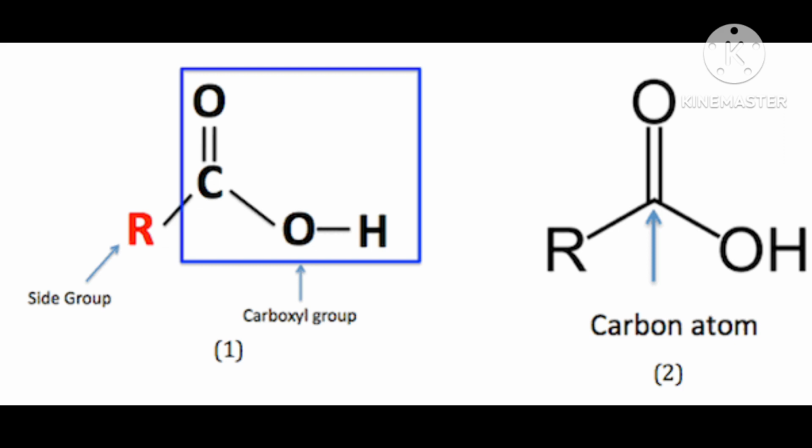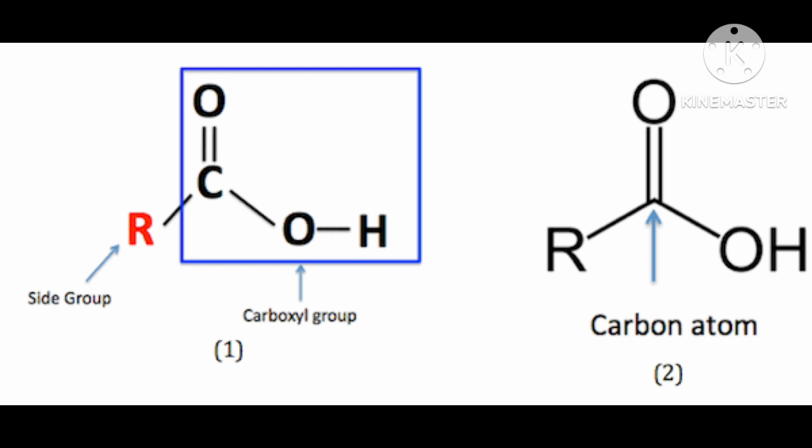CH3 whole 2 means one CH3 is in the form of a branch, and one CH3 is attached with the other C, and that is attached to CH, and that CH is attached to COOH. Means total 4 carbons are there. One is in branch form, a methyl group. That's why its name is isobutyric acid.